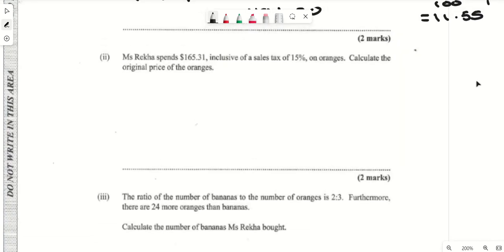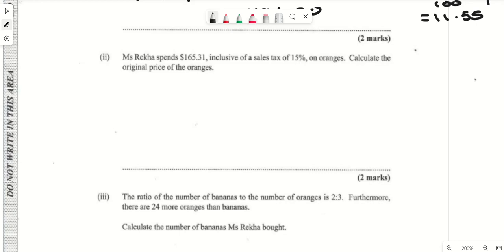Let's look at this. Miss Rika spent $165.31 inclusive of sales tax of 15% on oranges. Calculate the original price of oranges. So as I said, guys, right, sales tax is an increase in percentage, right? Your original percent is always 100, right?